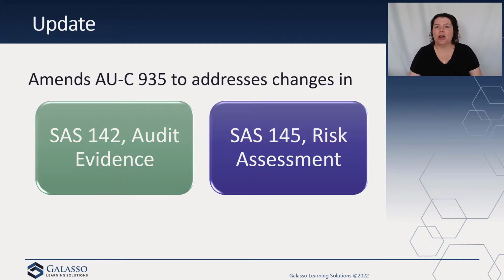And then there was also this really crazy inconsistency between 315 and 330. So in AUC section 935, they basically have the list of all of the sections and then what's not applicable. And when you went to 315, it said significant risks were inapplicable, but in 330, it had the response to the significant risk. Well, since there was no significant risk, technically there was no response needed.